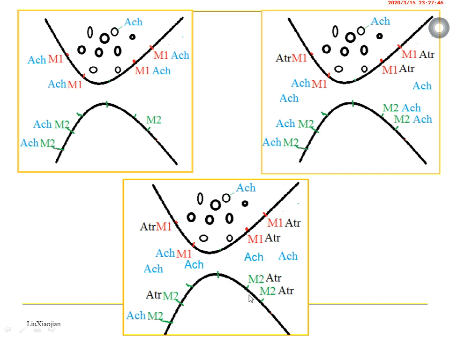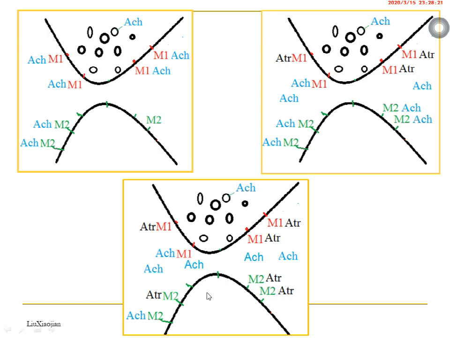But here many M2 receptors are blocked by atropine. Acetylcholine loses the opportunity to activate M2 receptors in the heart. So in these conditions, the heart rate change is opposite to the vagal nerve's function. It is an increase. So it may induce tachycardia. Understand?